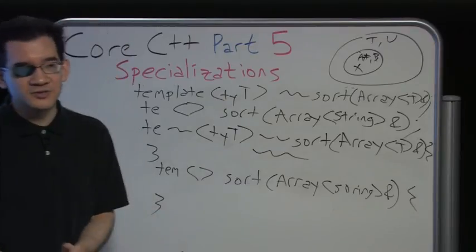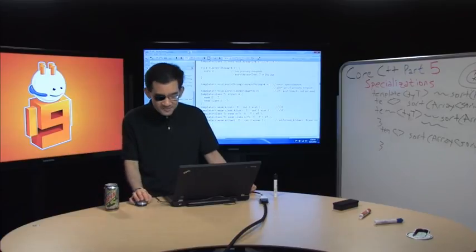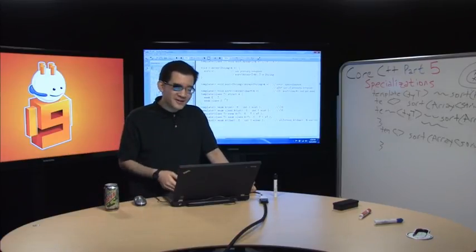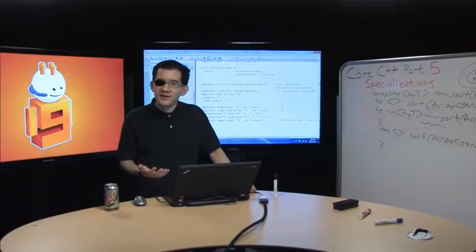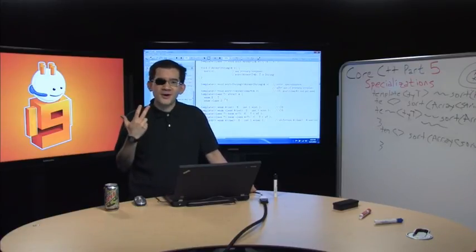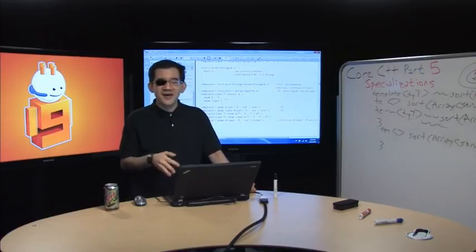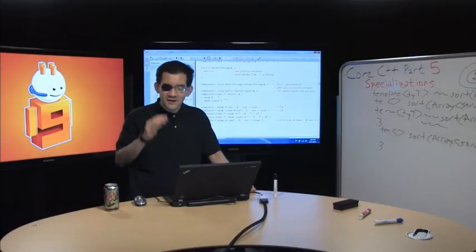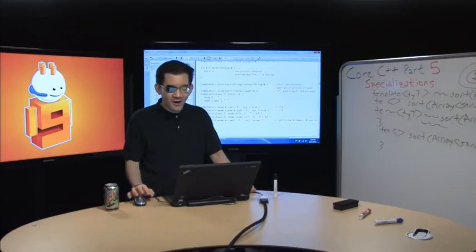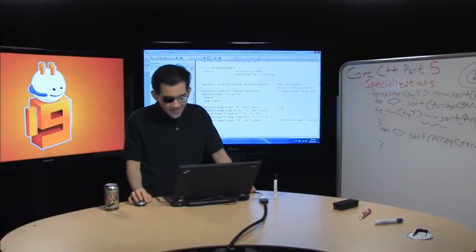This strictly follows the rules of the standard, and you will never get into trouble if you just declare everything before you use it. The worst part is that if you violate that rule, it's essentially a one definition rule violation. You'll get undefined behavior in general, and what will happen is everything will compile, everything will link, and the program will crash horribly or misbehave, or worst of all, do exactly what you expect until five years down the road it breaks, and then your successors have to figure out what went wrong, or in the worst case, you have to figure out what went wrong five years ago and you don't know what you were doing.